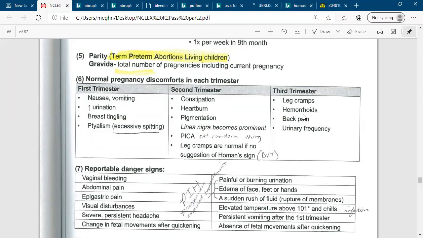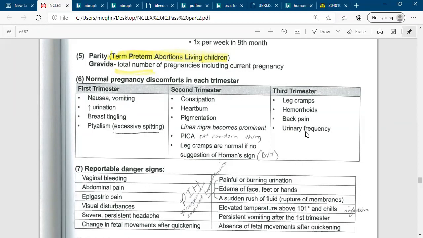Kegel exercise. The NCLEX board asks about this one. Kegel exercise is basically needed when a mother explains urinary frequency or urinary incontinence.